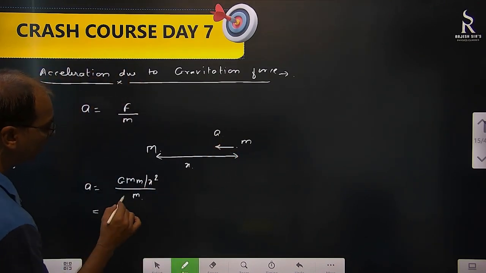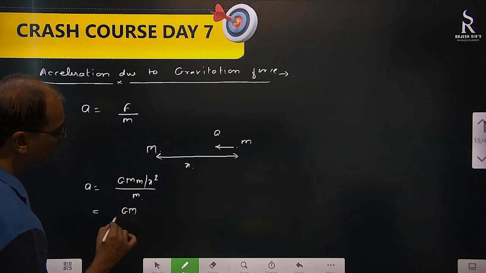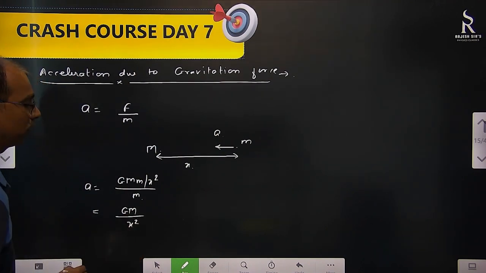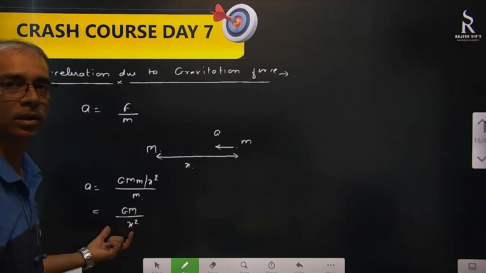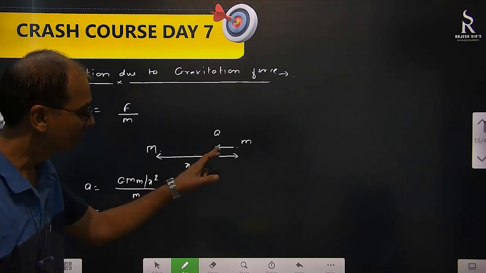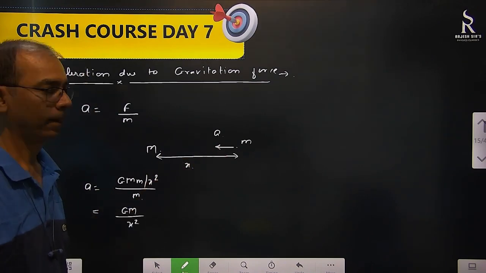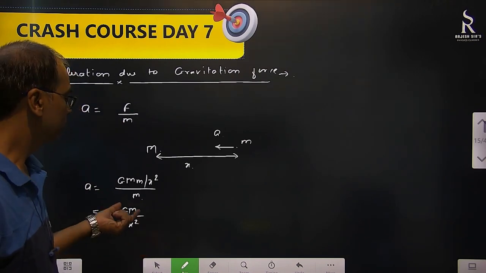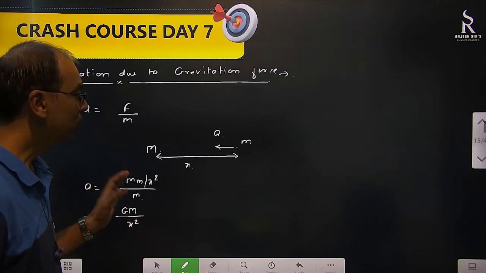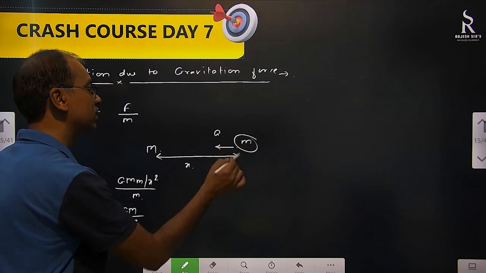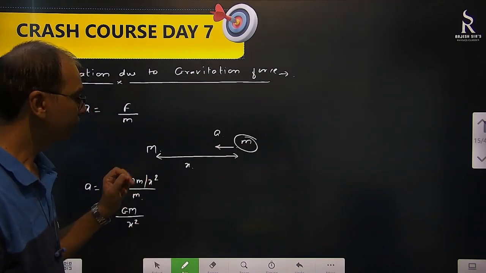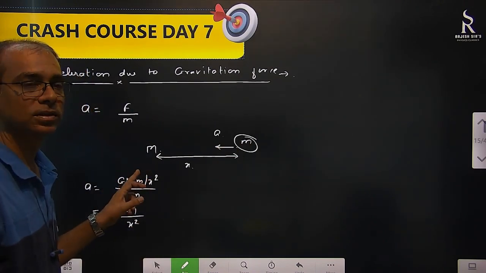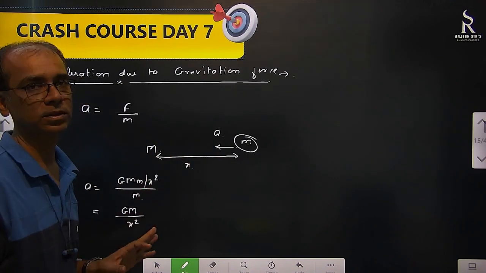So m gets cancelled, it is GM by x square. If you look at this, this is actually the value of gravitation field strength here, the same thing, F by m only. So the acceleration of this mass depends on the other mass and the distance from it.